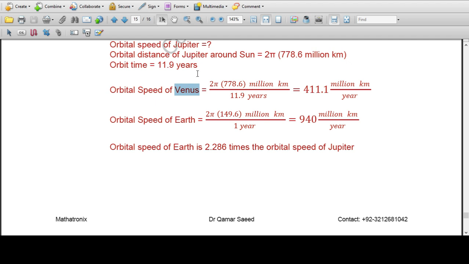So we should write Jupiter here. The speed of Jupiter is this.